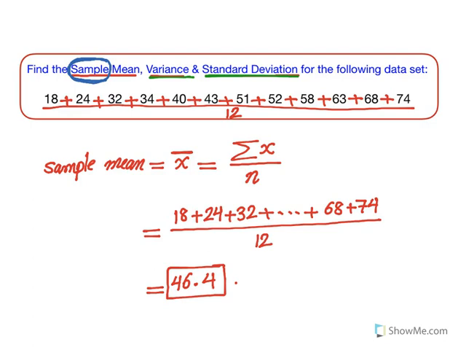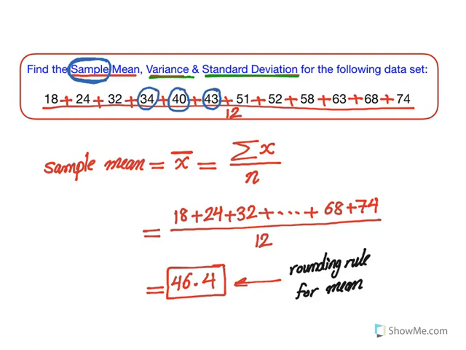And just remember, there is a rounding rule. We are using the rounding rule for the mean, and it's also the same for the variance and standard deviation. You look at your data: they don't have any decimals, they are whole numbers.